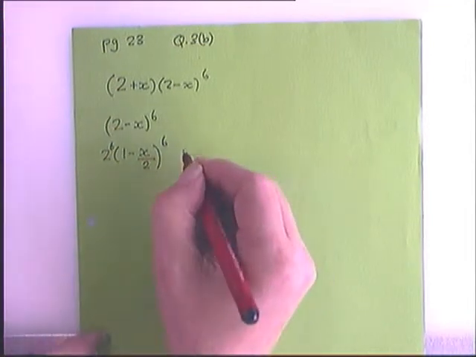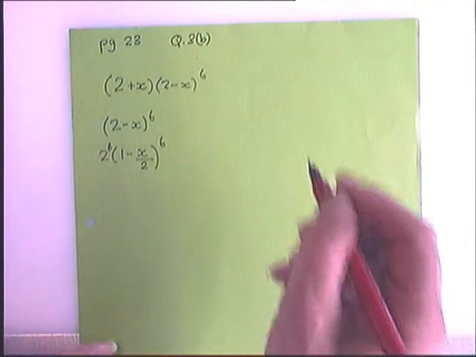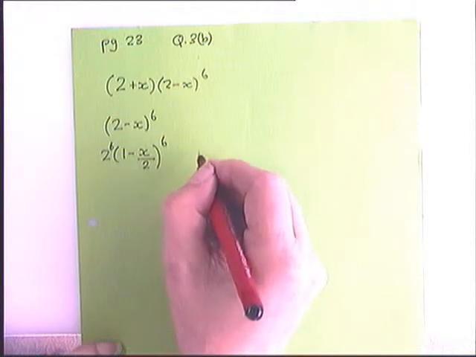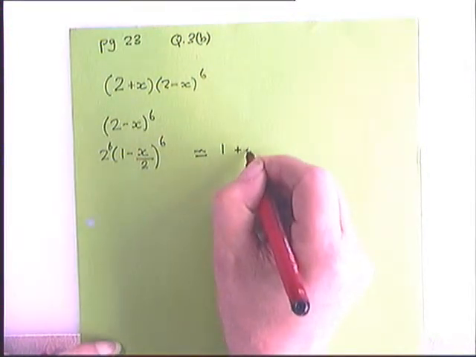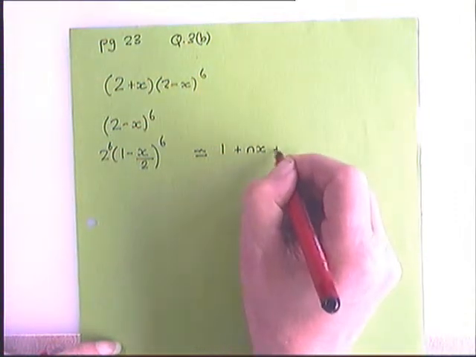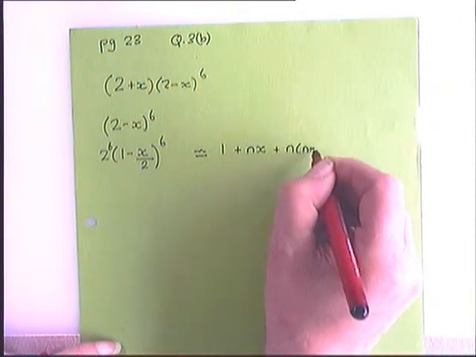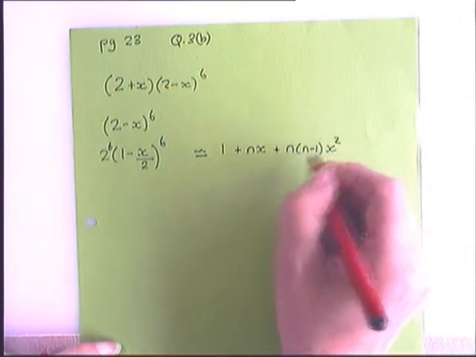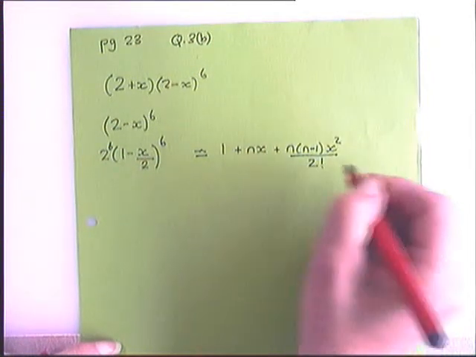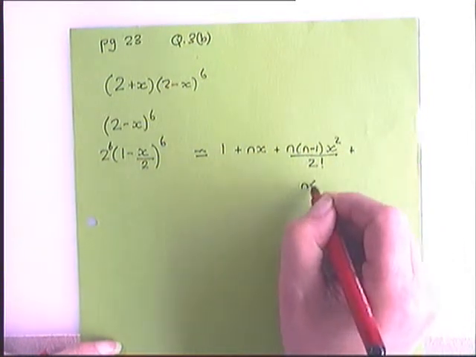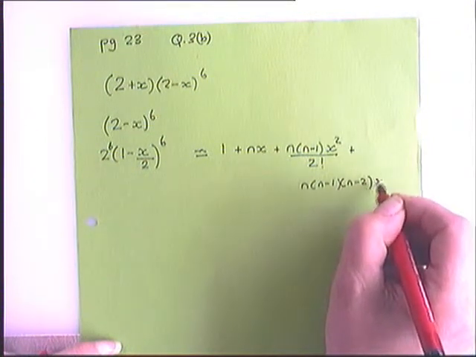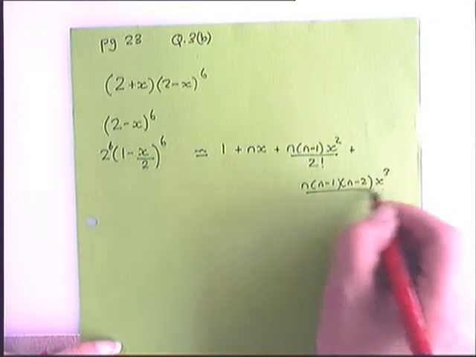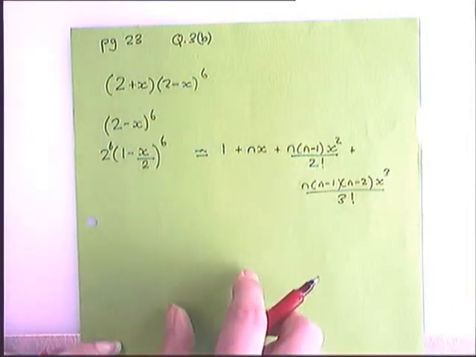Now to expand, from C2, we use this formula. The expansion of that will be approximately equal to 1 plus nx plus n(n − 1)x squared over 2 factorial plus n(n − 1)(n − 2)x cubed over 3 factorial.